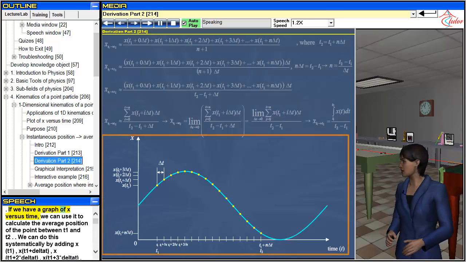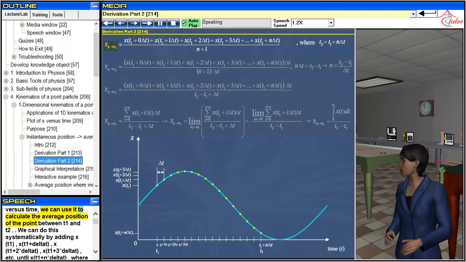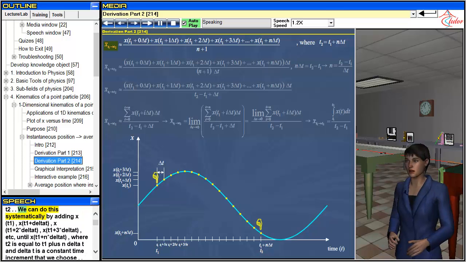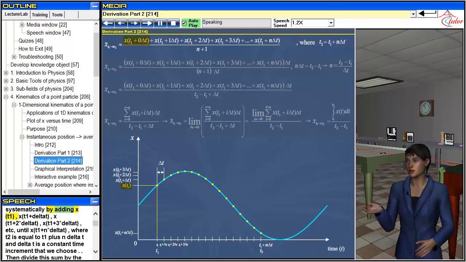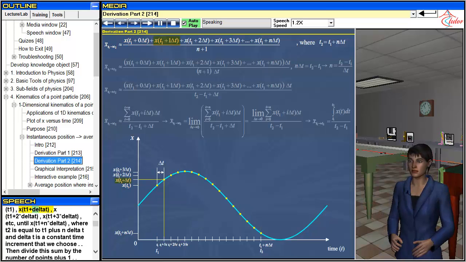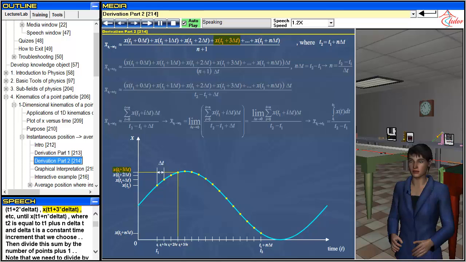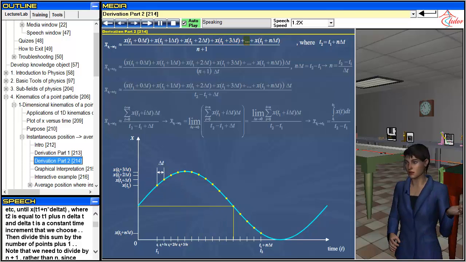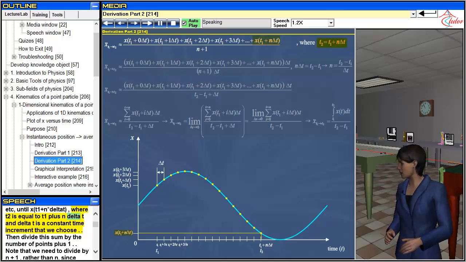If we have a graph of x versus time, we can use it to calculate the average position of the point between t1 and t2. We can do this systematically by adding x of t1, x of t1 plus delta t, x of t1 plus 2 delta t, x of t1 plus 3 delta t, etc., until x of t1 plus n delta t, where t2 is equal to t1 plus n delta t and delta t is a constant time increment that we choose.